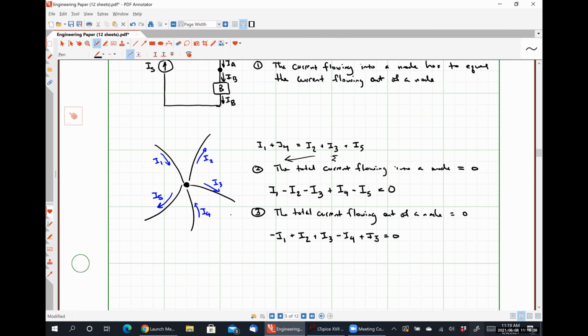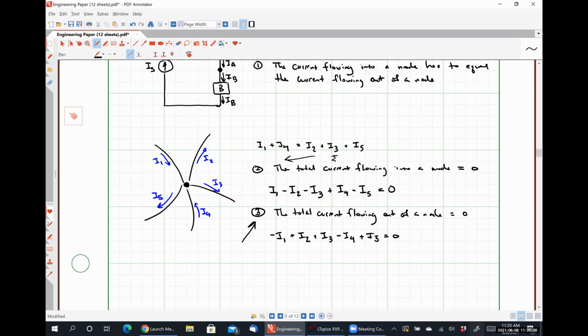Okay, so I'm introducing all three of them. You're perfectly fine using whichever one makes the most sense to you. But once we get to nodal analysis, I am going to be using representation number 3 of Kirchhoff's current law pretty much every single time because it makes the equations easier to generate and easier to follow.